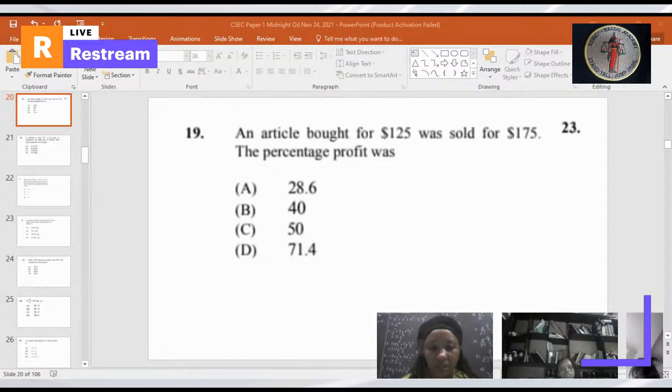You'd put that over the original cost, which is 50 over 125, and multiply that by 100. All right, and we get what? 40%. That's correct.